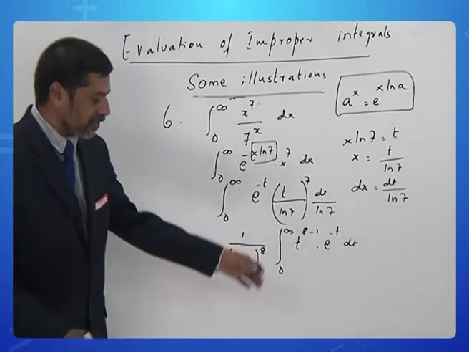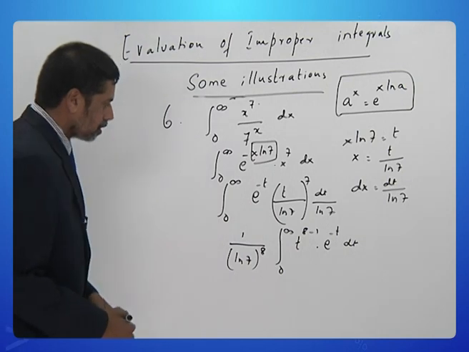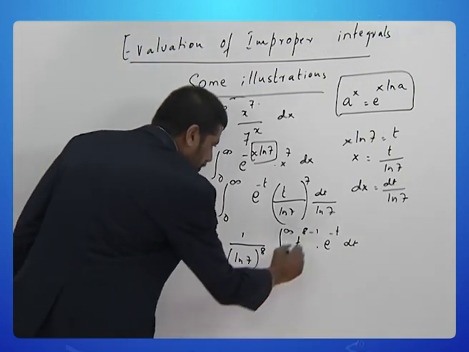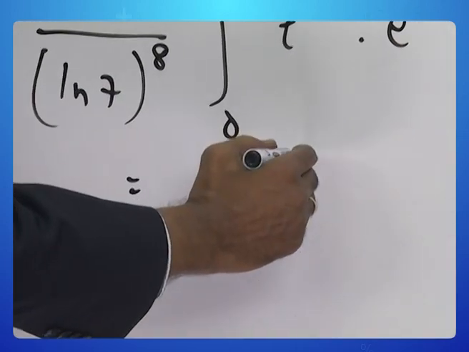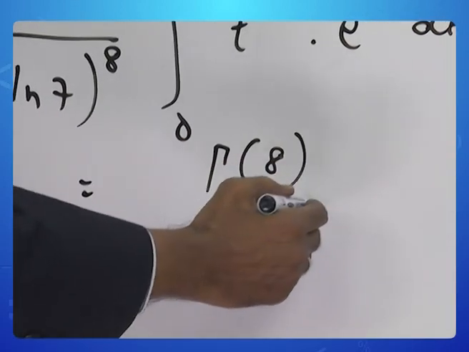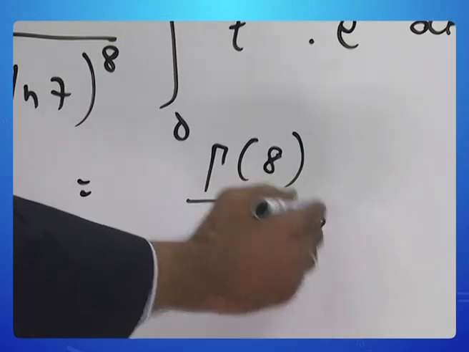I hope you all have recognized this is a gamma integral. So this is nothing but gamma 8 by log 7 to the power of 8.